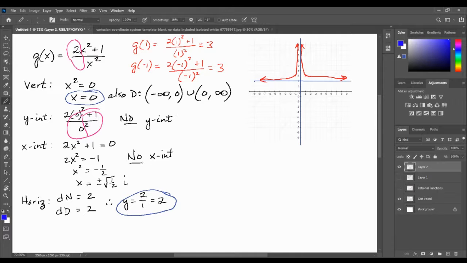There's no y-intercept, no x-intercept, and then we just needed to find in which of those quadrants the graph occurred. So I picked a point to plug in and see what I would get. And that's what I ended up with. And it seems to work pretty well.